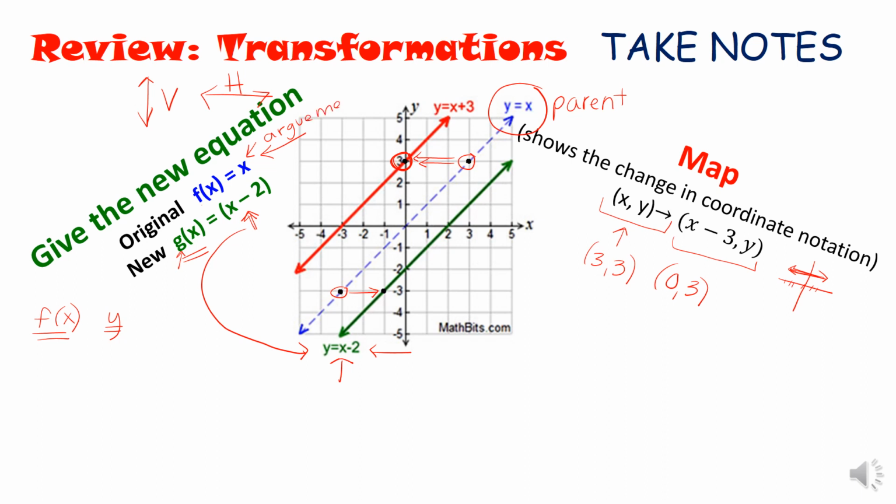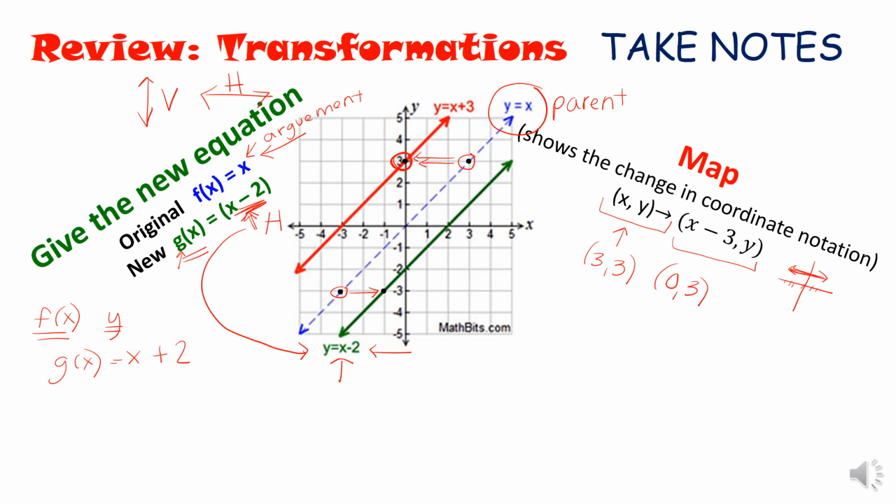When a change is only on the argument, like this one is, only affecting what's inside the parentheses, then that's telling you it's a horizontal movement. If I wanted you to move it up, then I would write it like this, not in parentheses.